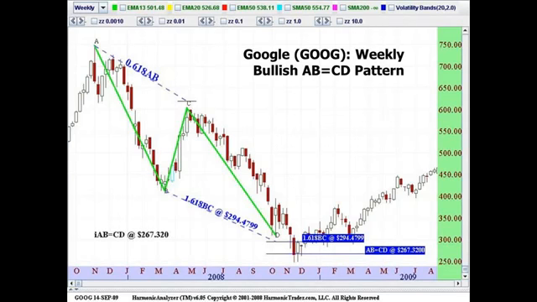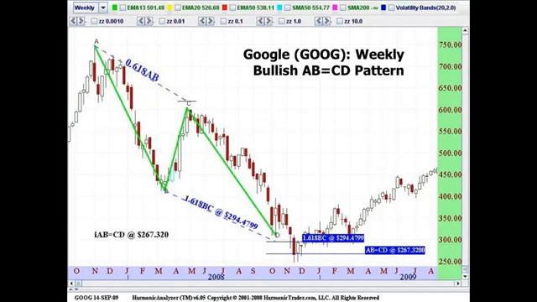Looking at this chart of Google on a weekly, we see an almost exact AB equals CD pattern. Notice the symmetry. Ideally, we want to see time symmetry where each leg is equivalent in both price and time. Although the time component is not necessary, it does ensure symmetry. Also notice the C point. That fell very close to a 618 of the AB leg.